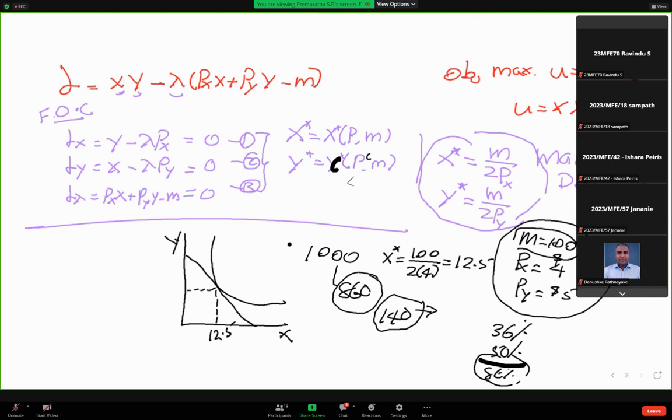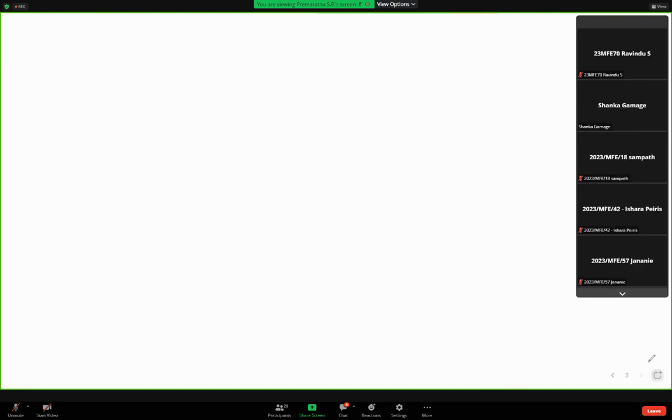Now we did this one, and also today I tried to introduce a new thing, of course not new, that we call the minimum value and maximum value function.